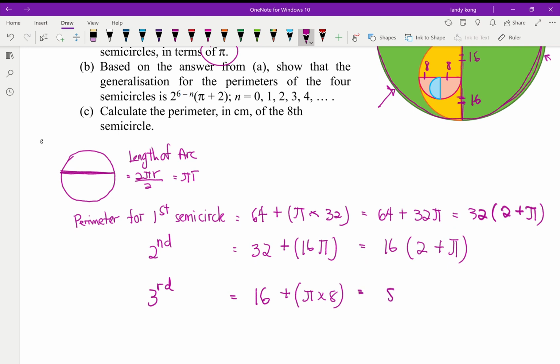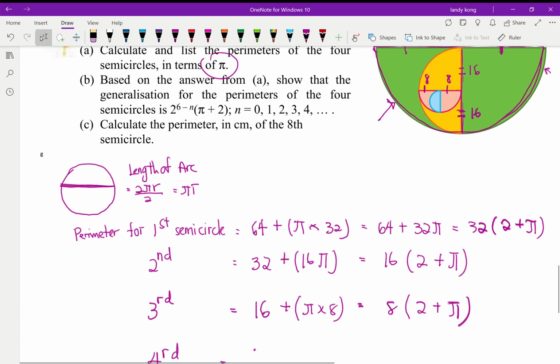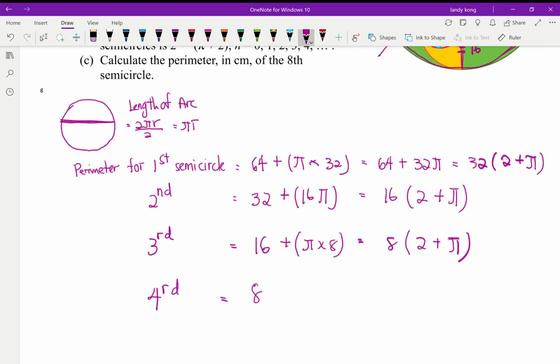I factor out 8, so it's 8 times (2 plus pi). And followed by the fourth one, you see, this one actually will be 4 and 4, right? It's the radius. So the diameter is 8, plus pi r. R is 4, 4 times pi, so 4 pi. So I factor out 4, so 4 times (2 plus pi).